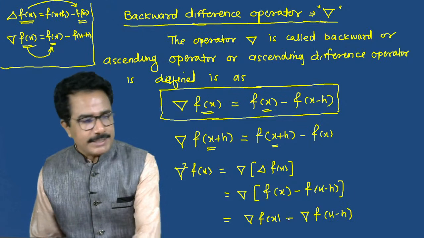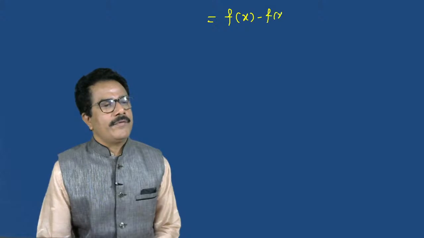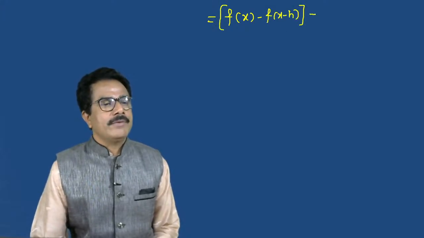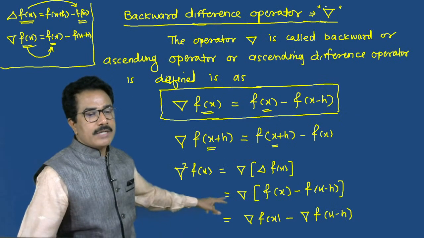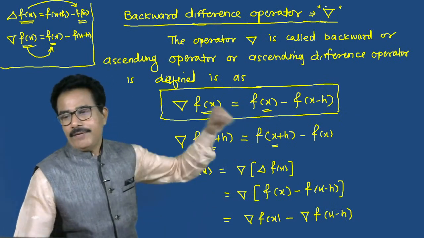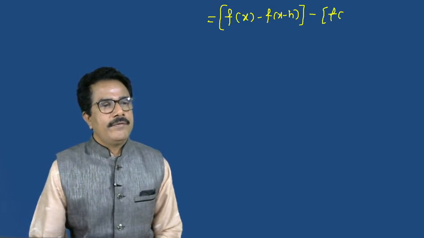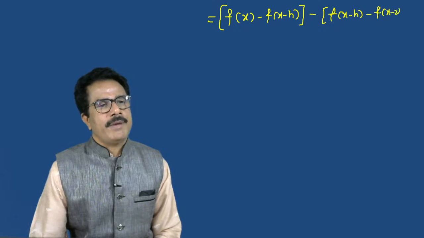Then according to the definition of the backward difference, this is f of x minus f of x minus h, and del f of x minus h is f of x minus h minus f of x minus 2h.